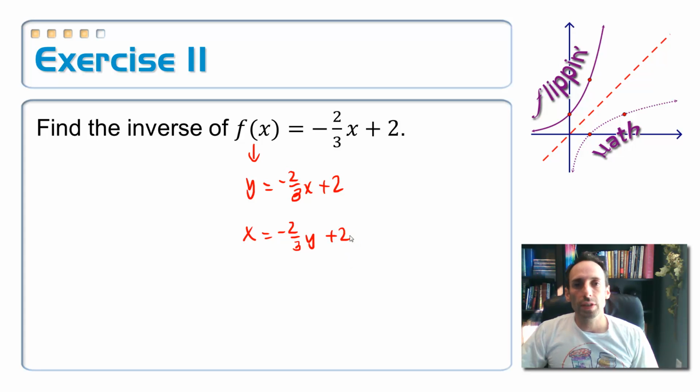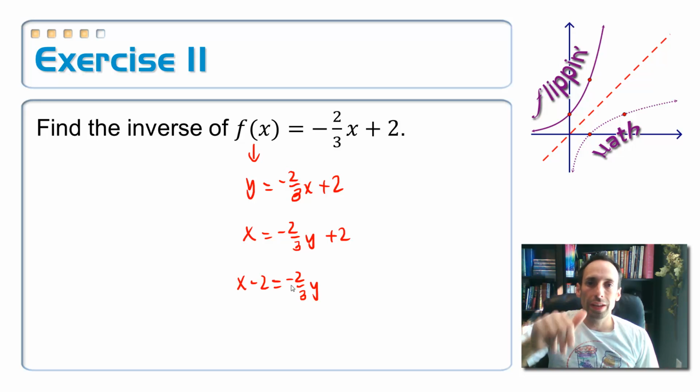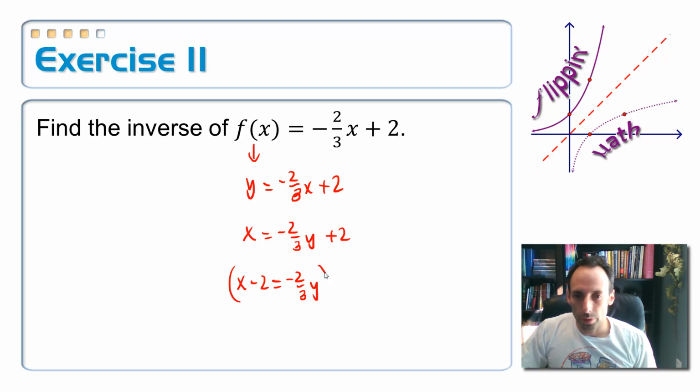And now let's solve this for y. Subtract the 2 over. x minus 2 is equal to negative 2/3 y. In order to get rid of the negative 2/3, let's multiply by the reciprocal on both sides, which is negative 3/2.